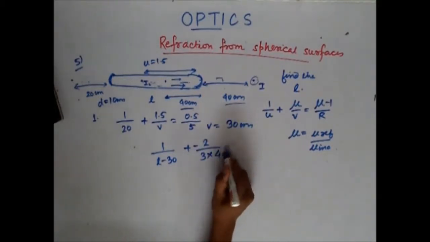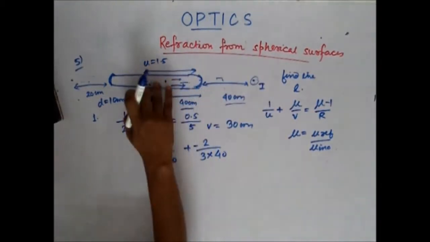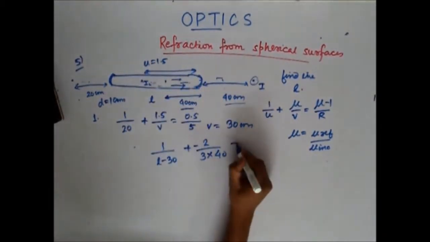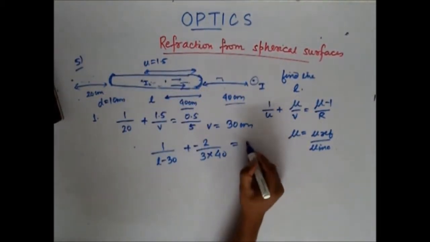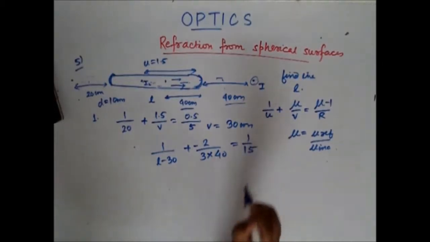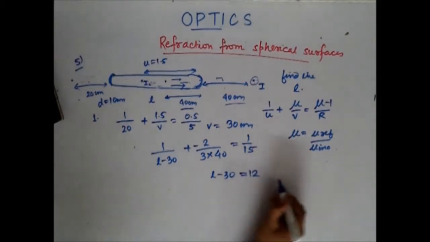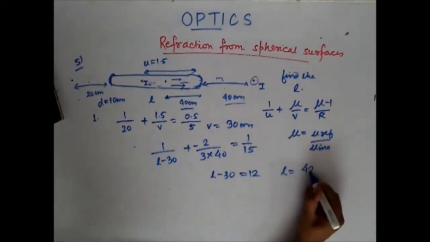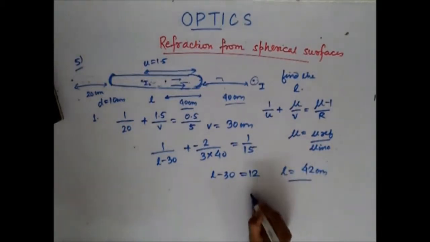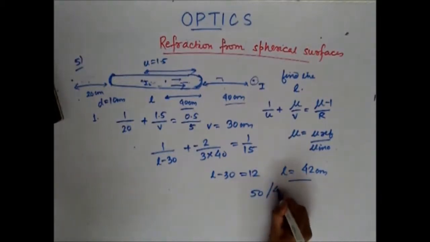Why negative? Because this is my real space. V lies in this space. This is equal to, this remains the same, 1 by 15. Now if you solve this, you will get L minus 30 as 12 or L as 42 centimeter. So you have two answers, one is 50 centimeter and the other is 42 centimeter.